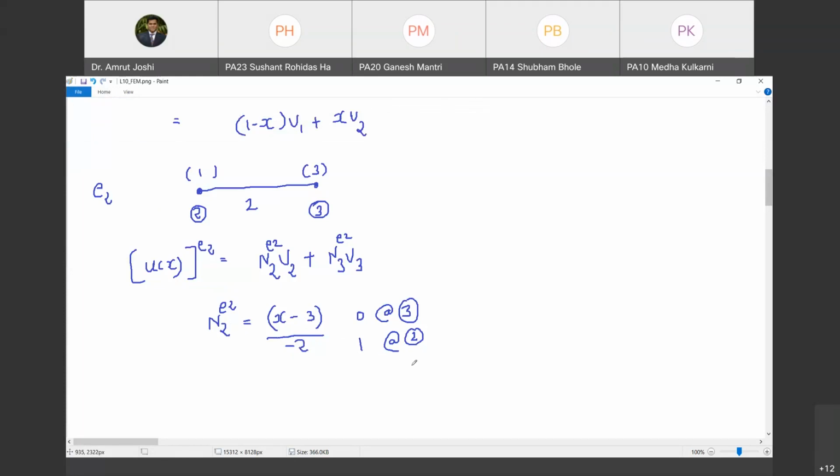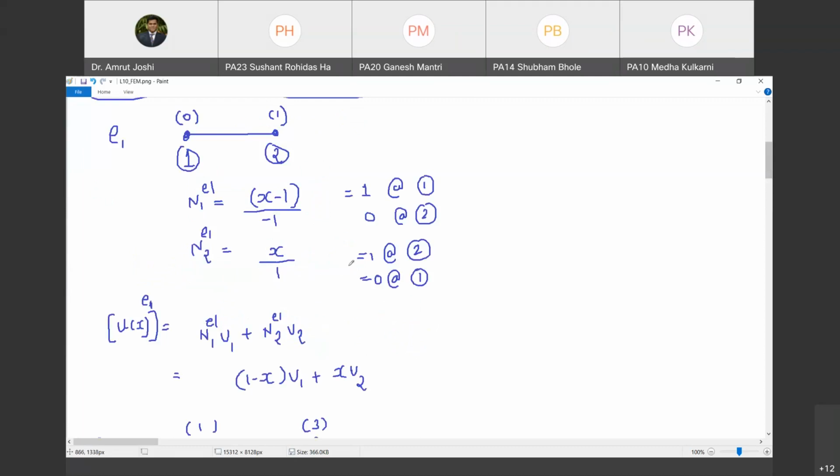Do you agree with me? Yes, sir. And if I substitute x is equal to 3, then 3 minus 3 is 0, so n2 for element 2 becomes 0 at 3. Mind you, n2 for element number 2 and n2 for element number 1 is different. Are you able to understand that?